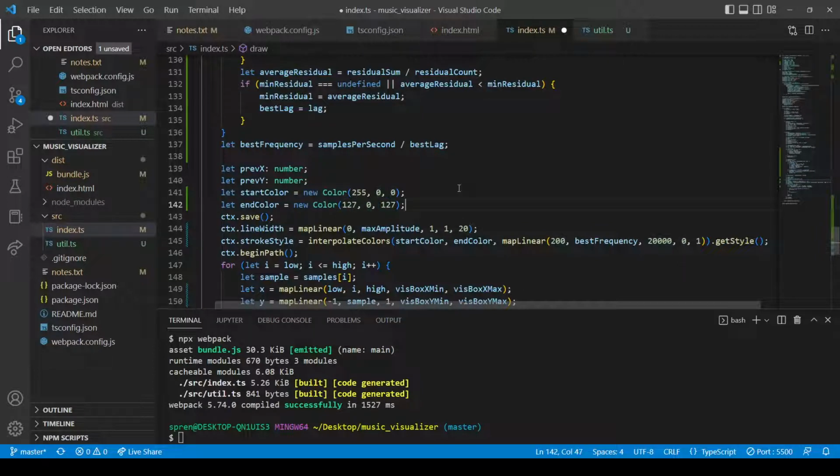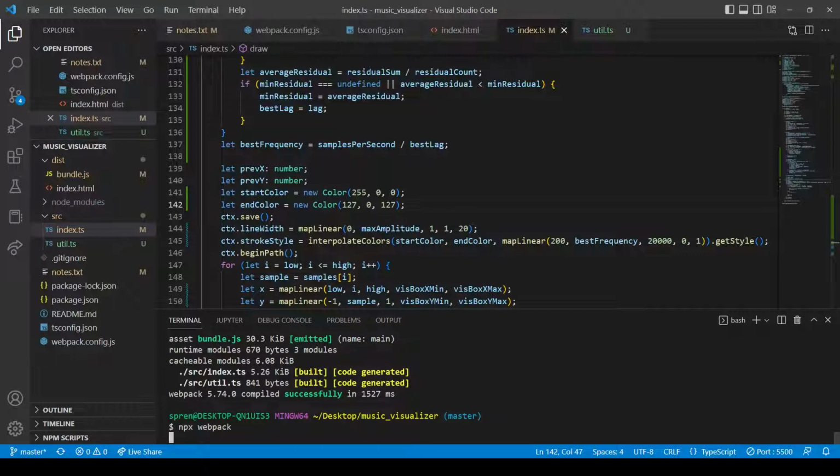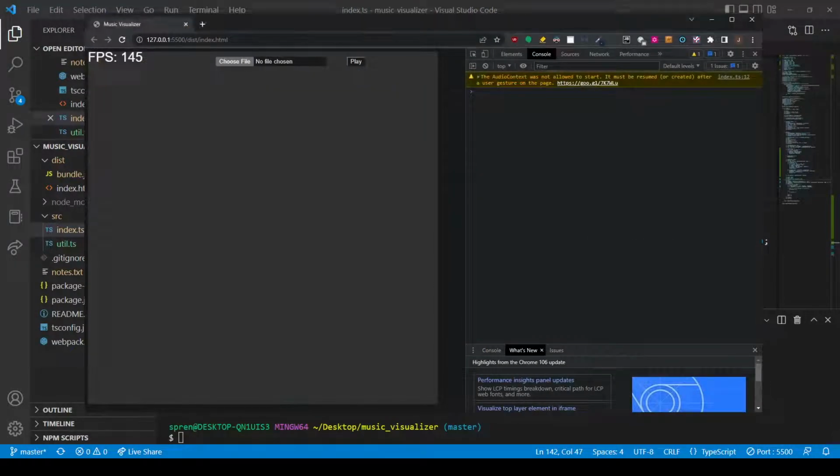Purple is not red plus green, it is red plus blue. I don't know what I'm seeing, honestly.